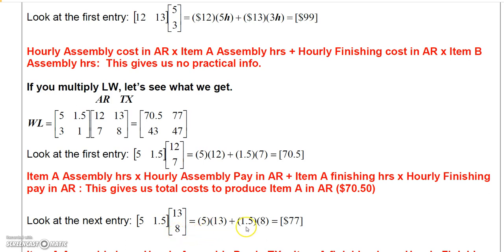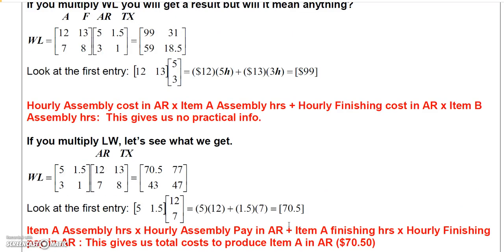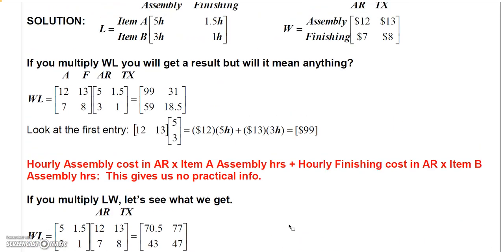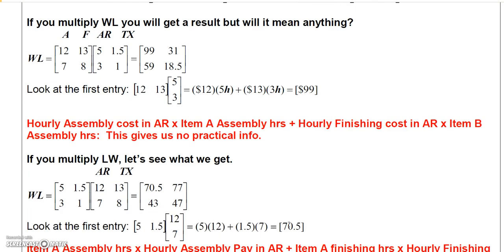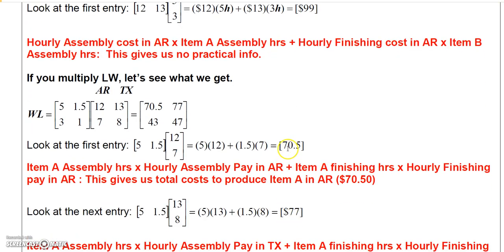When you add those together, that gives you the total cost for item A in Texas. So the 70.5 is the total cost for item A in Arkansas, and the $77 is the total cost for item A in Texas. And if you took the second row and multiplied it by each column, that would give you the total cost for item B in Arkansas and the total cost for item B in Texas.